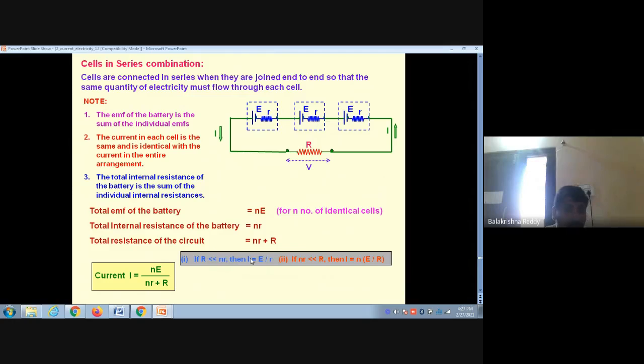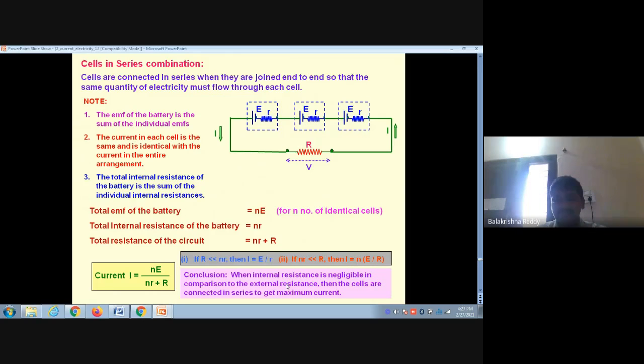Or the other way, if internal resistances are neglected and external resistance is considered, then I equal to n into capital E by capital R. I can write I equal to n into capital E by capital R. Okay, so that is the current when the internal resistance is neglected.